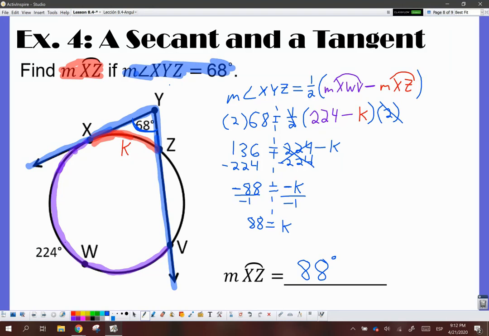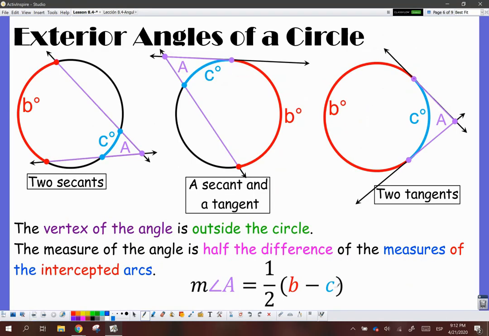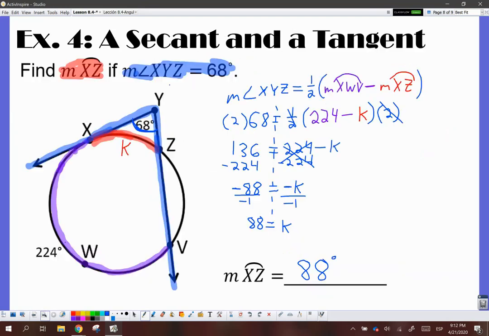If you remember, all we have to do is plug into the formula what we do have and solve for whatever we don't have. So as long as you have the formula, this down here, and you know what to plug in for the angle, you know what to plug in for the B arc, and you know what to plug in for the C arc, then you can solve for anything that you're missing.